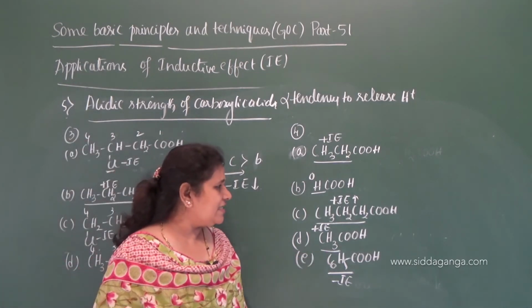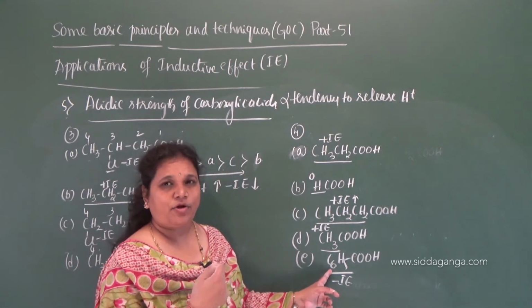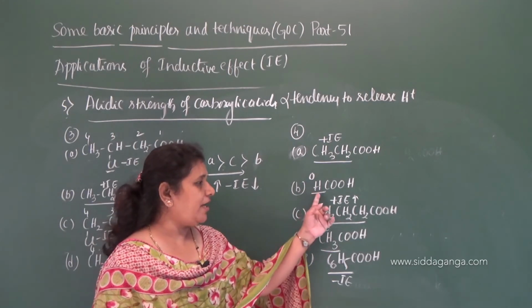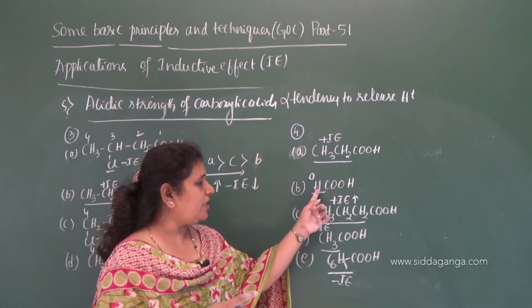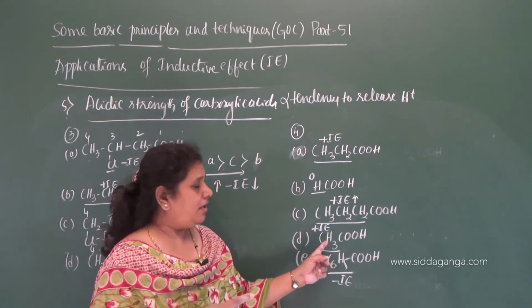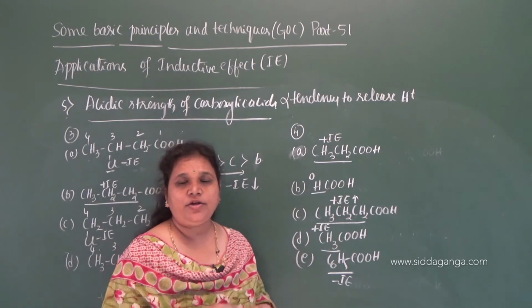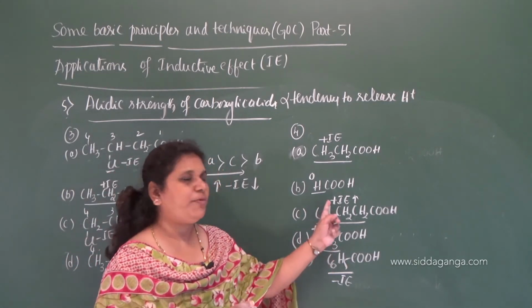Hydrogen exerts zero inductive effect, while the phenyl group is electron withdrawing, so it increases the acidic strength. Formic acid is more acidic than acetic acid. In the alkyl groups, methyl, ethyl, propyl, the magnitude of plus I effect goes on increasing from methyl to propyl.